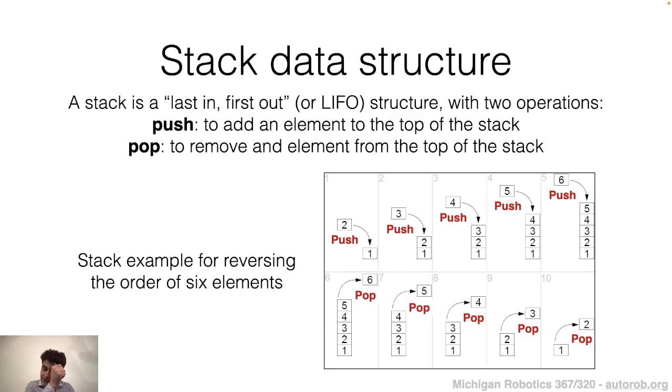Illustrated graphically here, the top row of this graphic shows a sequence of push operations, and you can see the stack iteratively grows. In the second row of this figure is a sequence of pop operations where, again, each time only the top element from the stack is removed, and the resulting stack grows smaller each time.